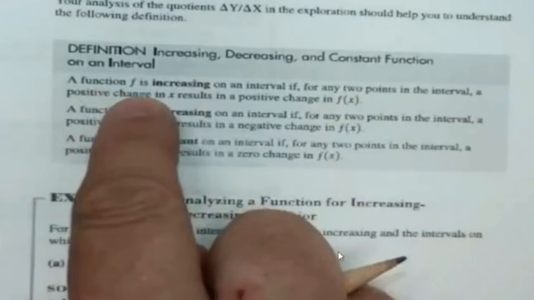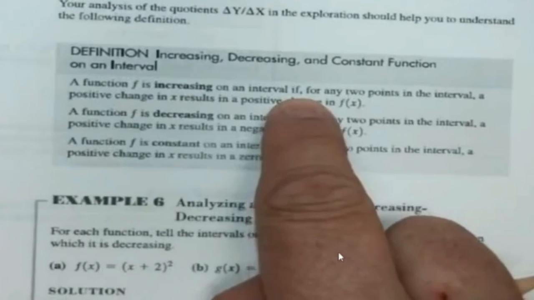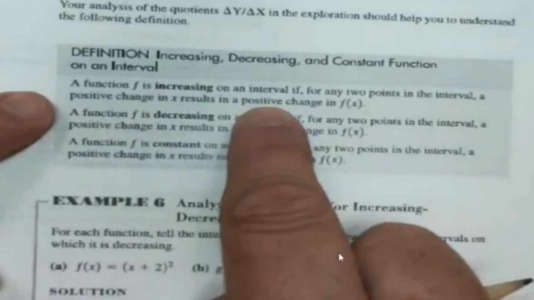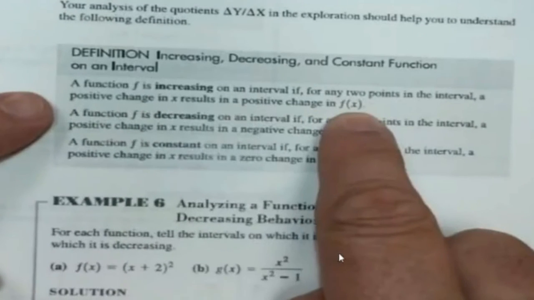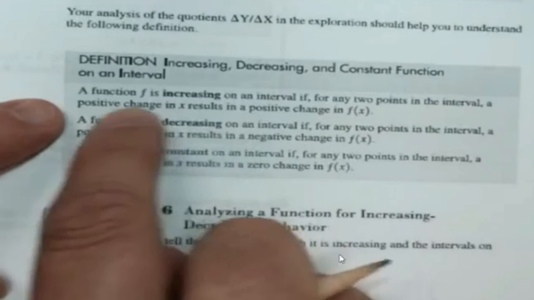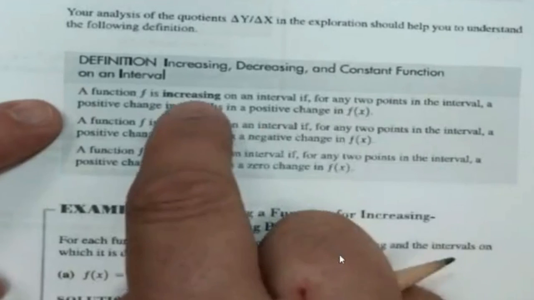A function f is increasing on an interval if, for any 2 points in the interval, a positive change in x results in a positive change in f of x, which f of x is the same as y. So that basically means if you look at 2 points and the x goes up, a positive change, and the y also goes up, that's an increase.